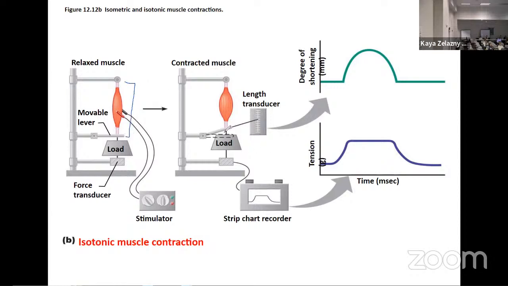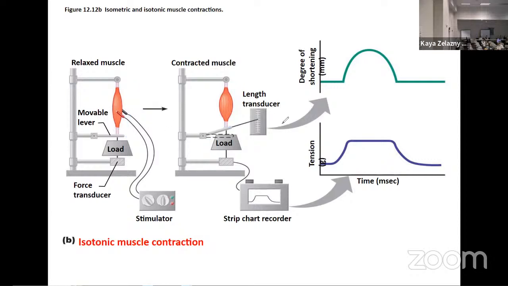And then in the contracted muscle, our length has now decreased to just here. This is where it's attached, and our load has been lifted. So we had this go up a bit. This is what happens in an isotonic muscle contraction. This is when you actually pick something heavy up and physically lift it.